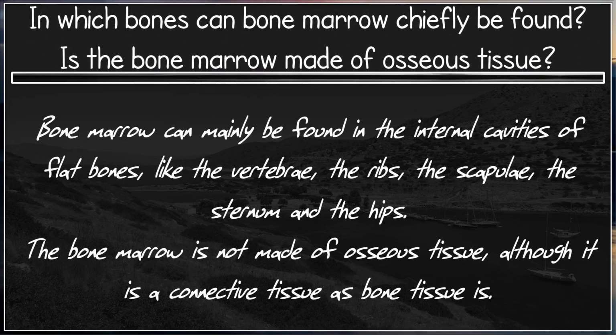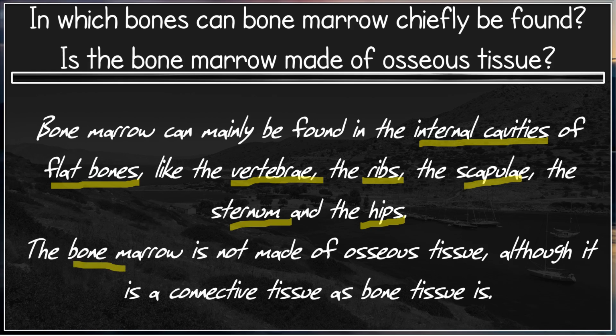Bone marrow can mainly be found in the internal cavity of flat bones like vertebrae, ribs, scapula, sternum, and the hips. Bone marrow is not made up of osseous tissue, although it is a connective tissue as bone tissue is.